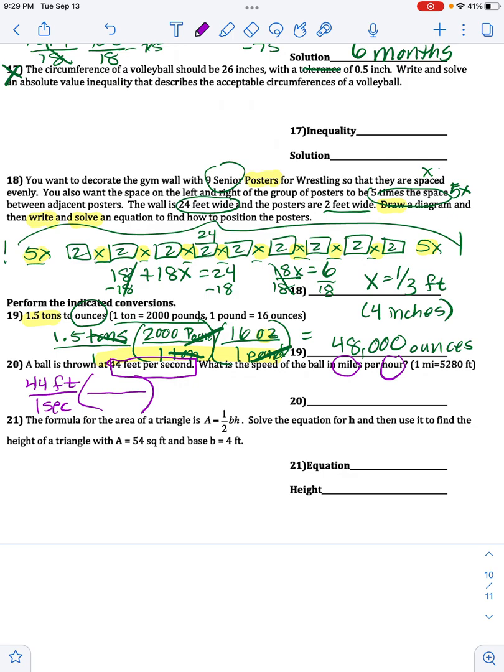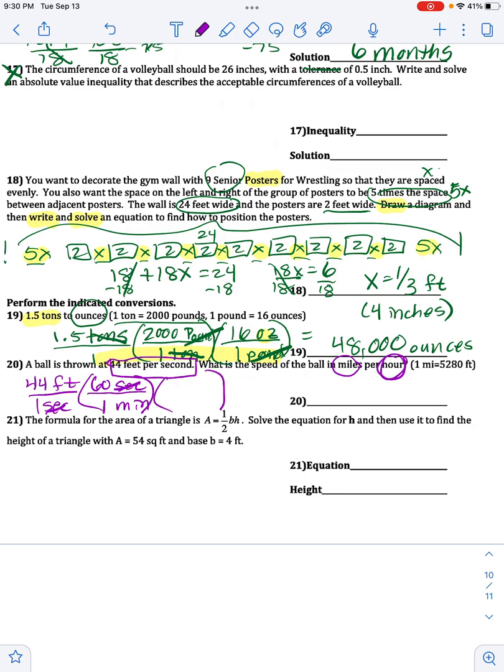Now I need to move towards hours. So let me take a baby step. Let me go to minutes. If the seconds are on the bottom, then it'll need to go onto the top in order to cancel. And I'm going to take that baby step towards minutes. You know that 1 minute is 60 seconds. The unit seconds cancels. But now I have feet per minute. So I still got to keep going.